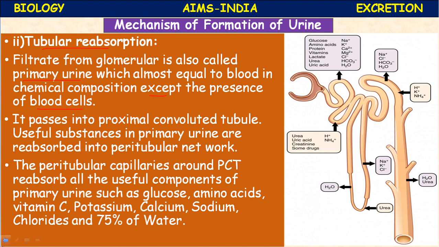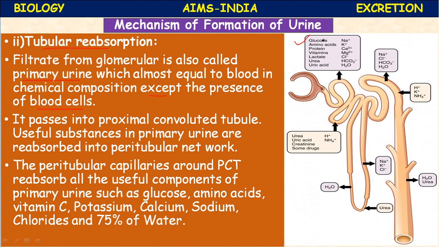So here in this image, this diagram is not found even in your textbook. Here is the proximal convoluted tubule, so only observe this part. This is the distal convoluted tubule and loop of Henle. Reabsorption takes place in all portions.